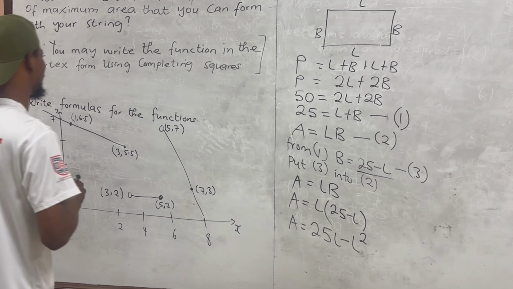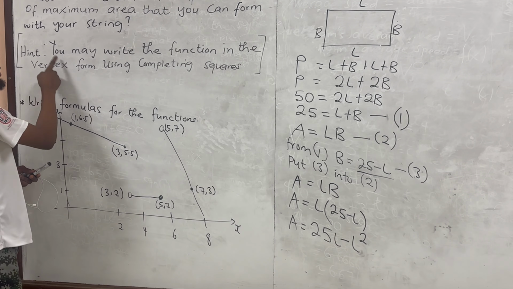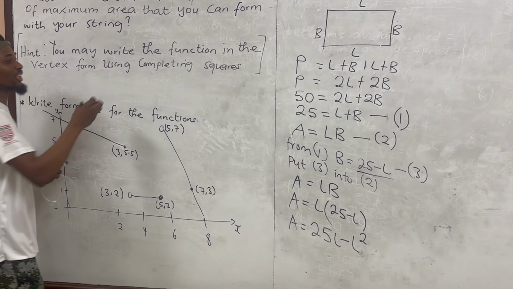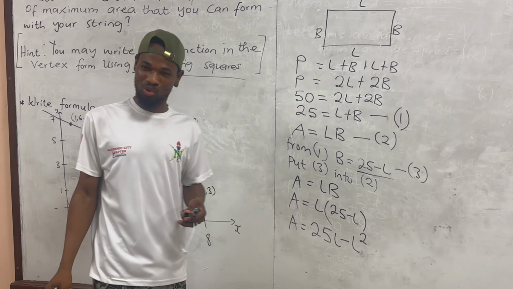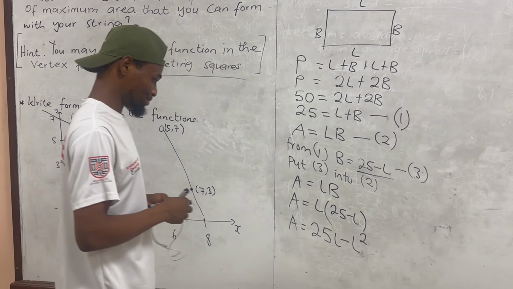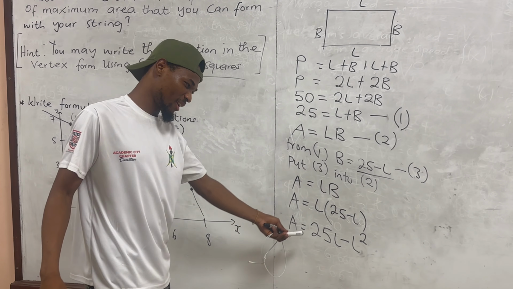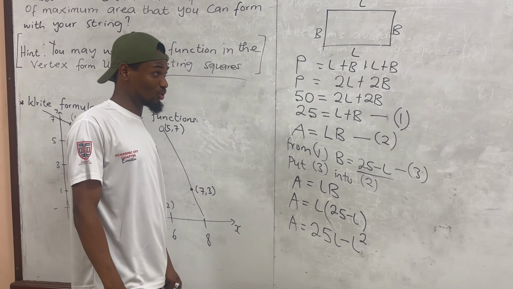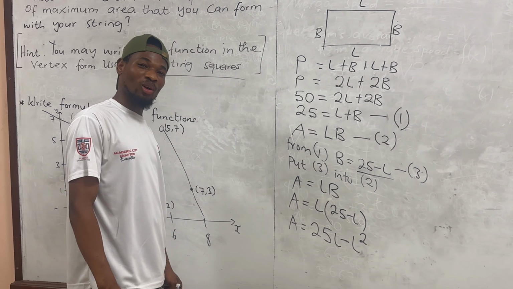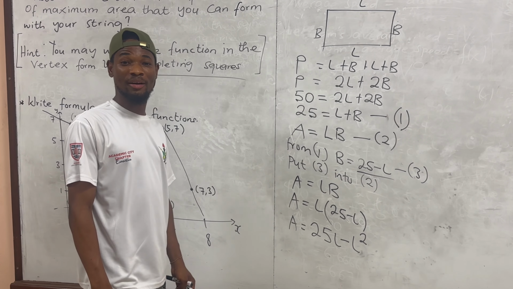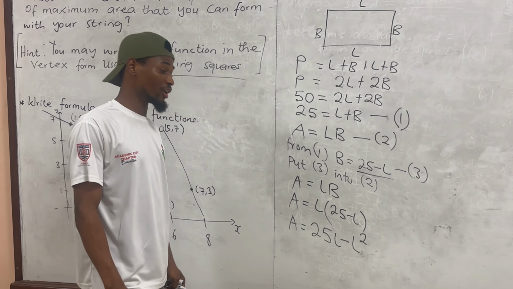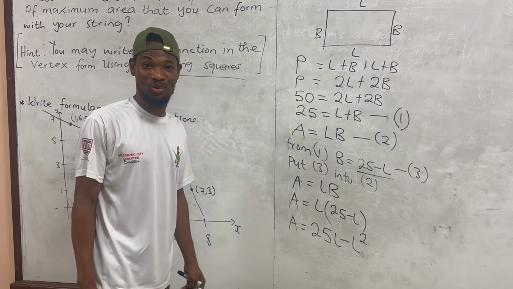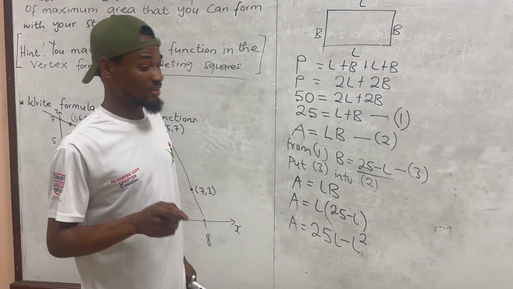Viewers, the question says you may write the function in vector form using completing of squares. So what can we do here? Since you are looking for the maximum area, that means dA over dL is equal to 0.